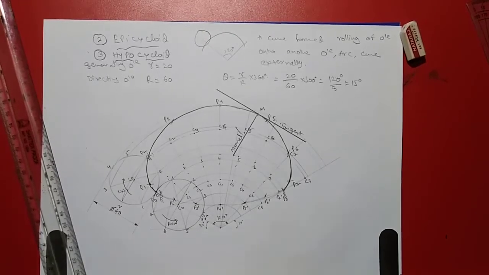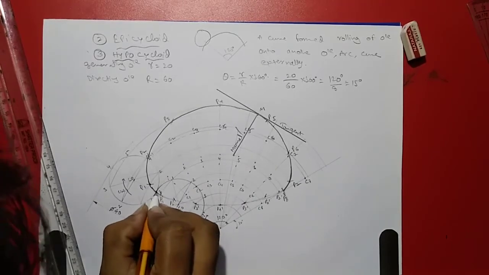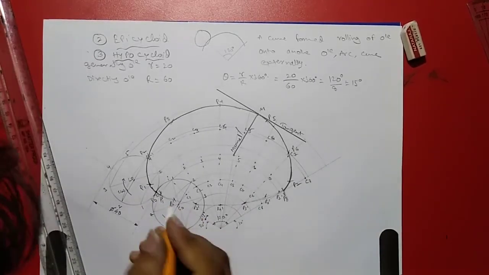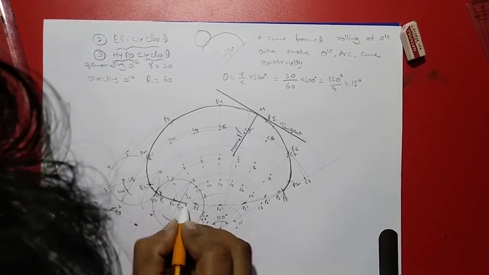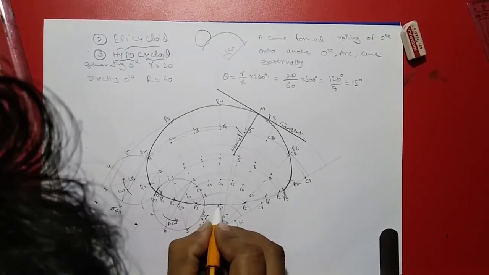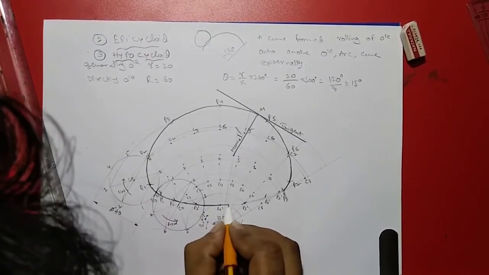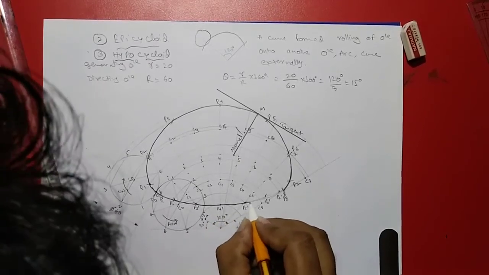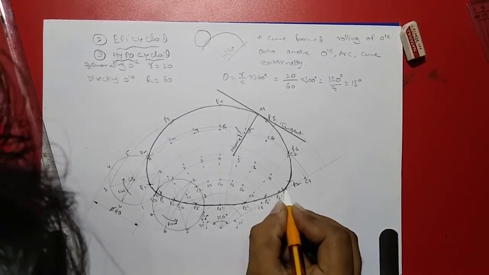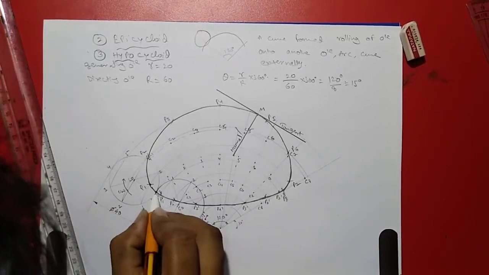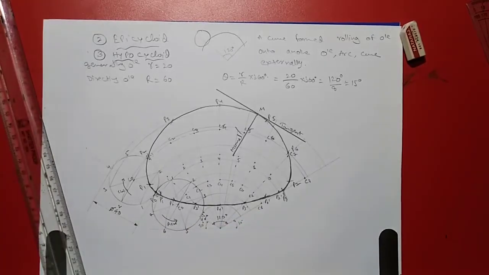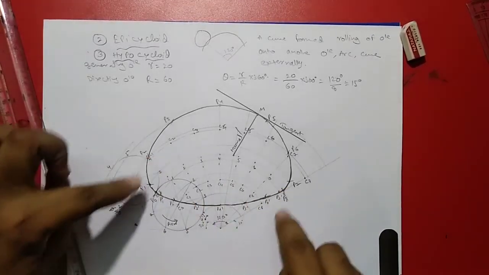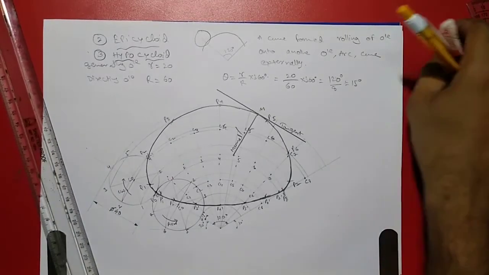Now I'm satisfied with my arc. This is the hypocycloid curve, the bottom one, and here also the same method we have to follow.